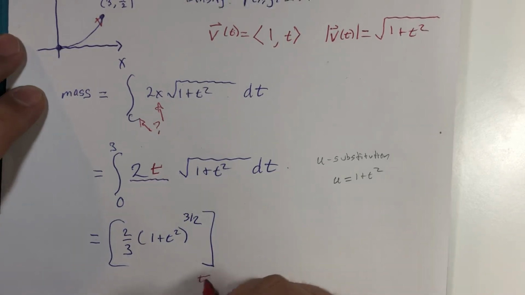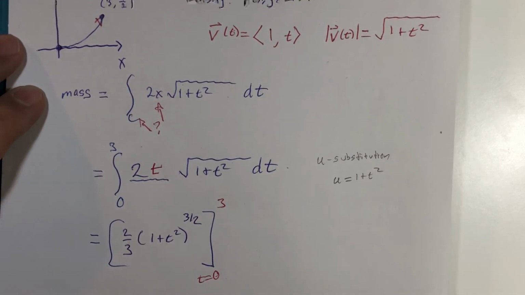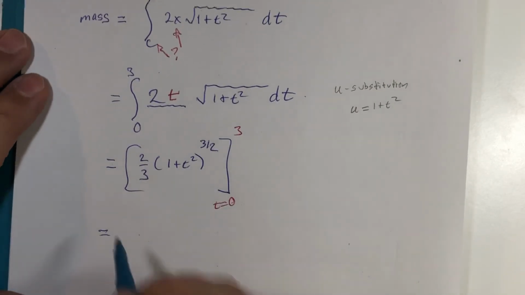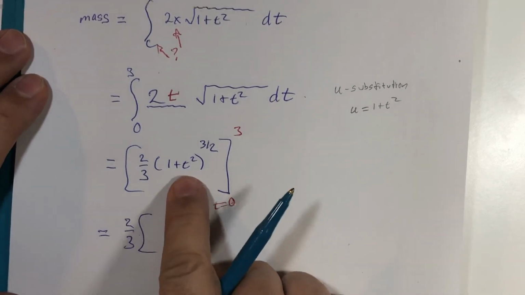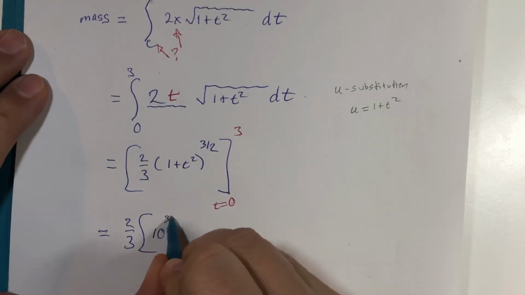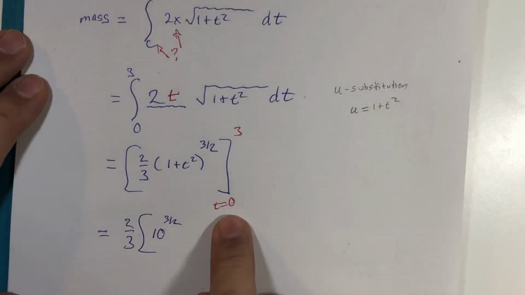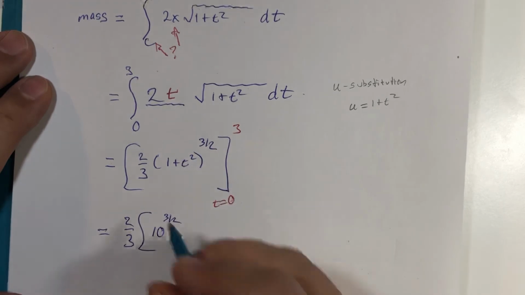And t goes from 0 to 3. And that leaves me 2/3. 3 squared is 9. 9 plus 1 is 10. 10 to the 3 power. If t is 0, 1 plus 0 is not 0, it's 1. 1 to the 3 power is 1.